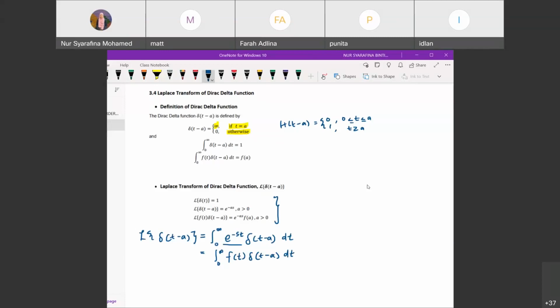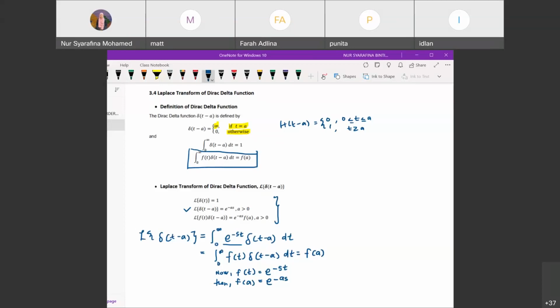By definition, if you integrate from 0 to infinity of f(t) δ(t minus a), it is equal to f(a). Now, f(t) equals e to the negative st, then f(a) equals e to the negative as.